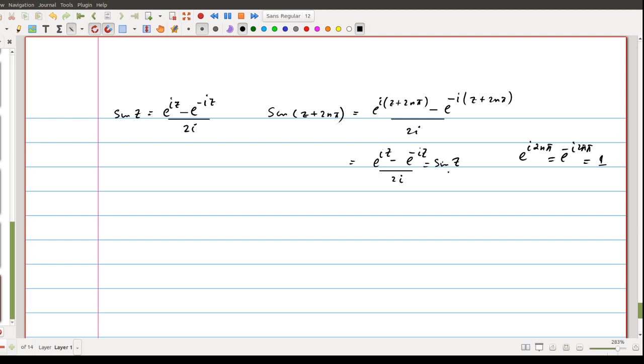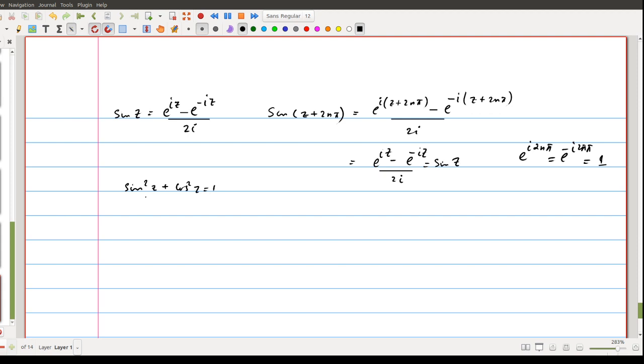This is another interesting property of cos z and sin z. And in a similar fashion, what we have discussed in real analysis, we can easily discuss relations like sin square z plus cos square z is equal to 1.